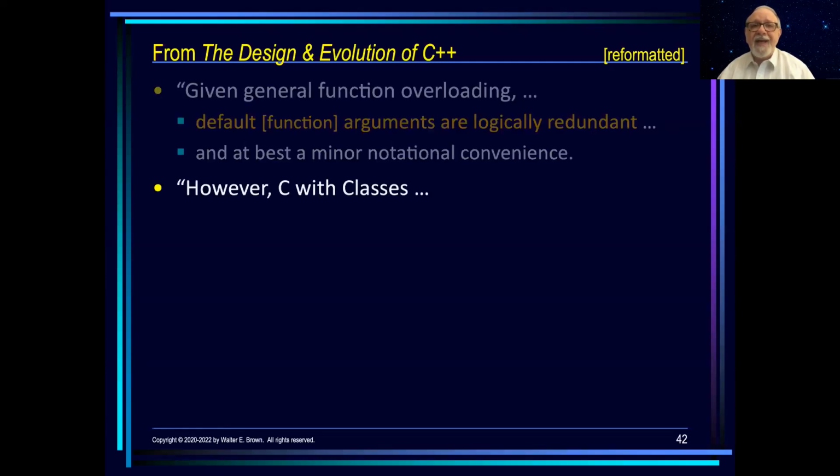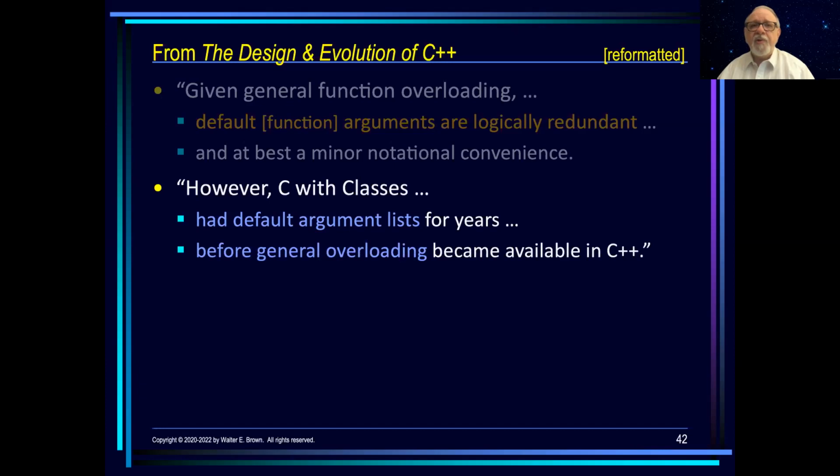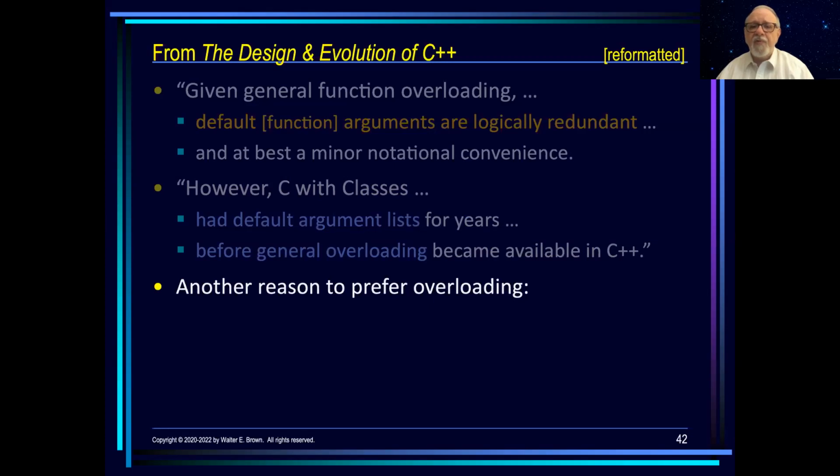However, C with classes had default argument lists for years before general overloading became available in C++. So if you're thinking about using default arguments, please think about using overloading as an alternative and make an informed choice. By the way, there's one more reason you might want to prefer overloading.